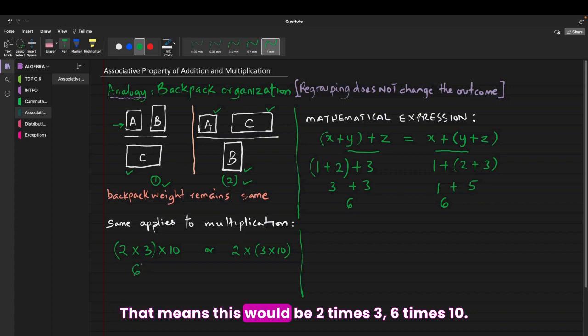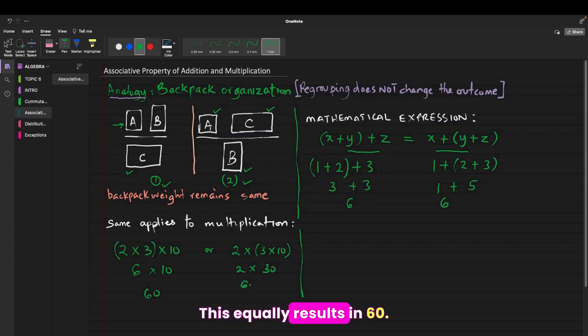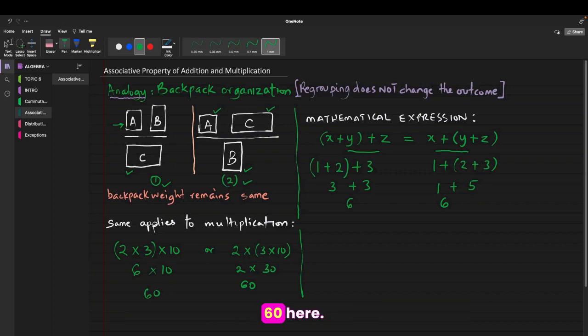That means this would be 2 times 3, 6, times 10. That results in 60. And 2 times (3 times 10), that is 2 times 30. This equally results in 60. So regrouping does not change the outcome. 60 here, also 60 here.